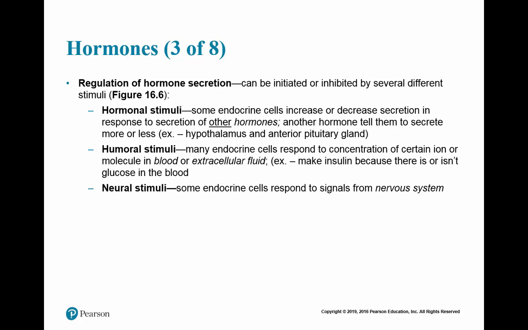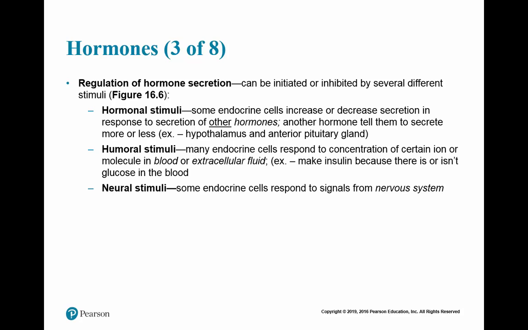Another stimulus is humoral stimuli, which tells us it's got to do with fluids. They respond to a different concentration of an ion or molecule in the blood or the extracellular fluid. We make insulin because there is or isn't glucose in the blood.